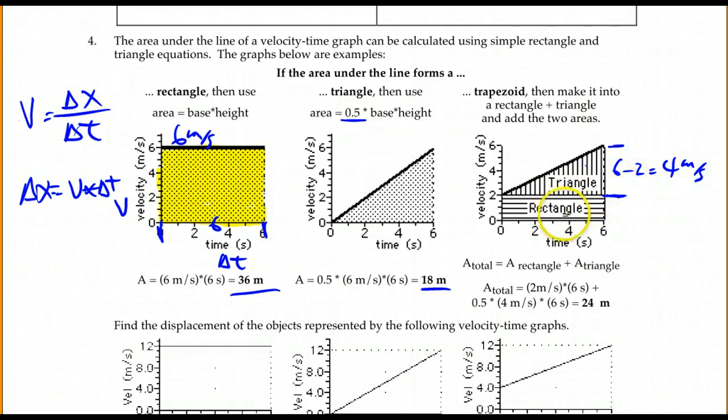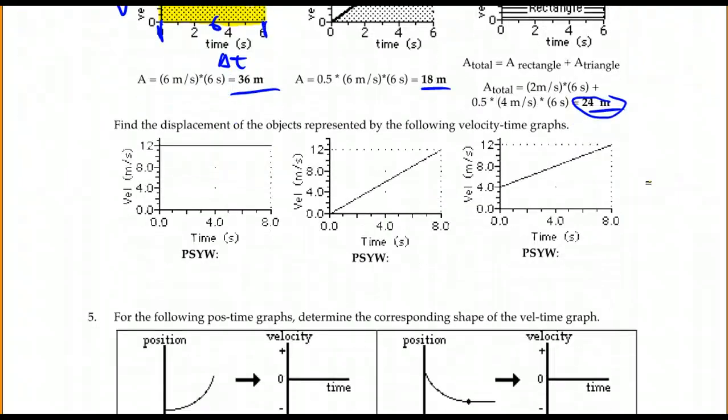So for the triangle, it will be 0.5 times 4 times 6 gives us 12, plus the 2 times 6 for the rectangle, which is 12, will give us 24 total. We just add all the areas together. If there are more than 2, we would just add whatever different shapes we had until we got to that final result.